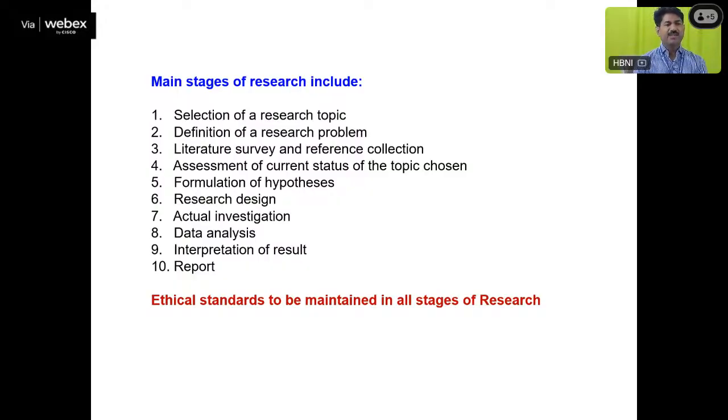So selecting the research topic becomes very important, and if ethical standards are followed, in the beginning we will tell that we don't have that much facility to conduct this type of research in our organization. So we have to do research which is feasible, or which will be a little challenging, but within the possibility of feasibility.